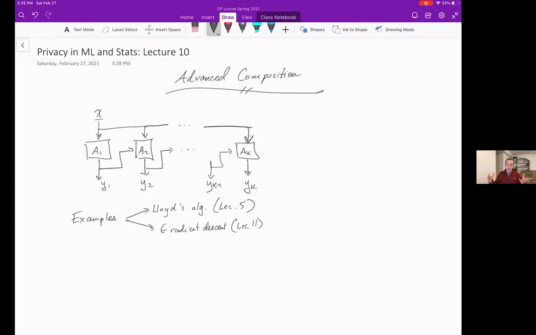But the way we set up the differentially private version of Lloyd's algorithm, we were sure that each iteration of the algorithm was still differentially private.